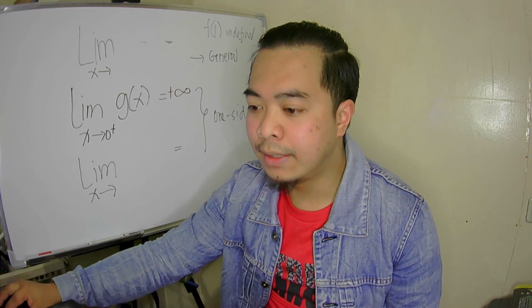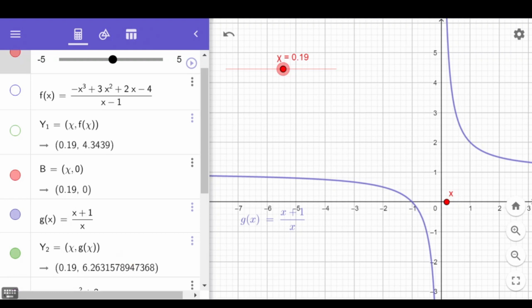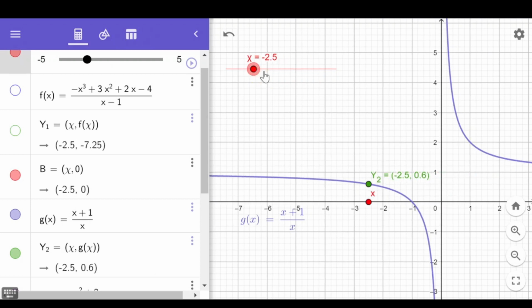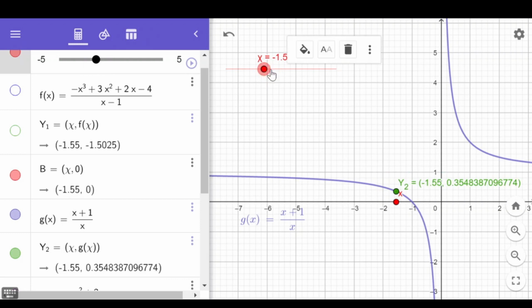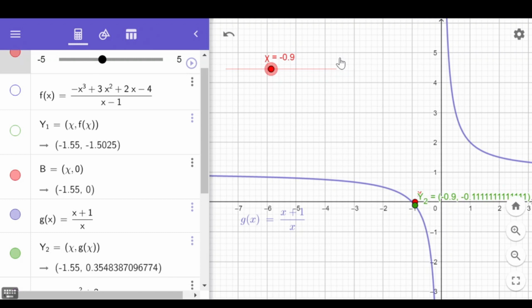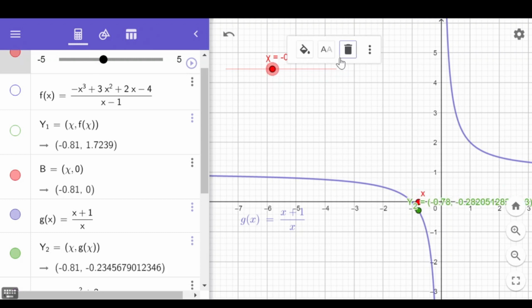Now, what happens if we observe the same from the left side of 0? Anong mangyayari kaya? Manggaling tayo dito, for example, and papunta tayong 0. Anong mangyayari? Anyone? So, I'm now moving. X is getting closer. Jefferson, yes?